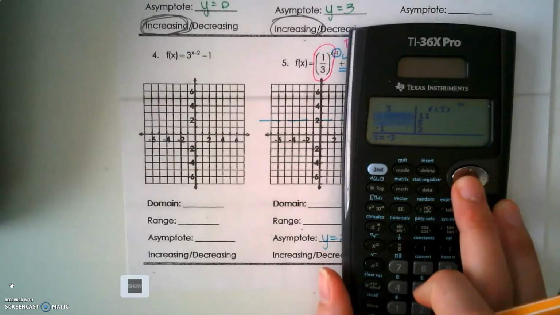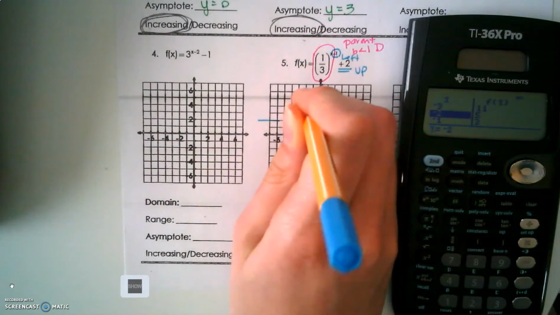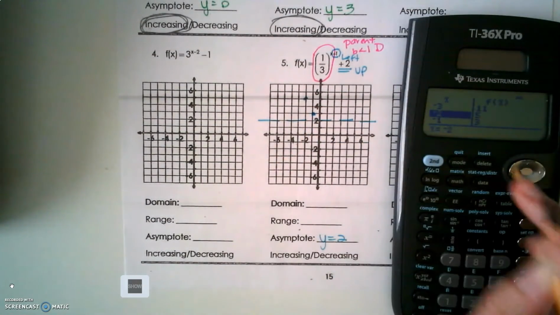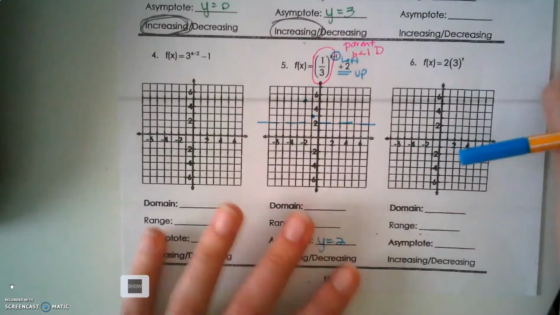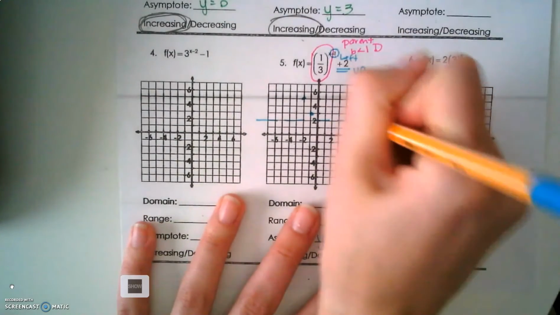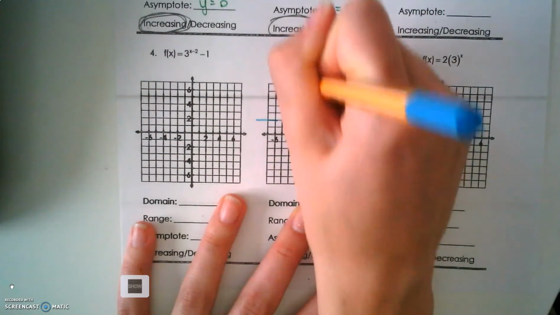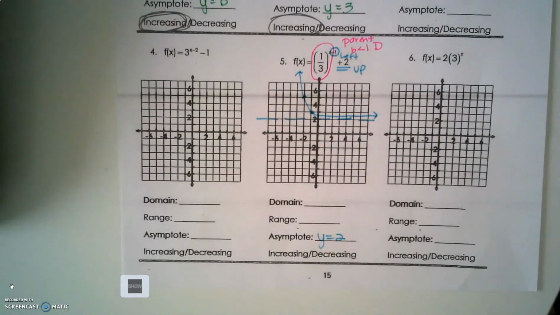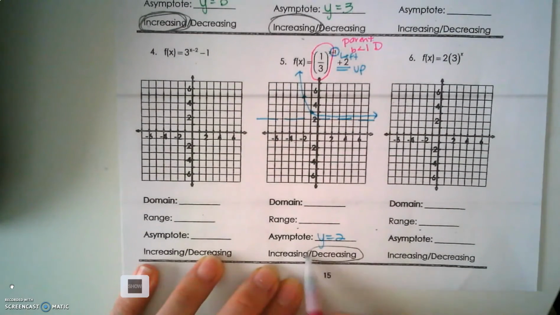So 3/11's off my graph, but I can plot -2, 5. I can plot -1, 3. And then I get another fraction. So my asymptote is here. I'm getting really close to it, and then I'm curving it. That's what a decay function looks like. That means this is decreasing.